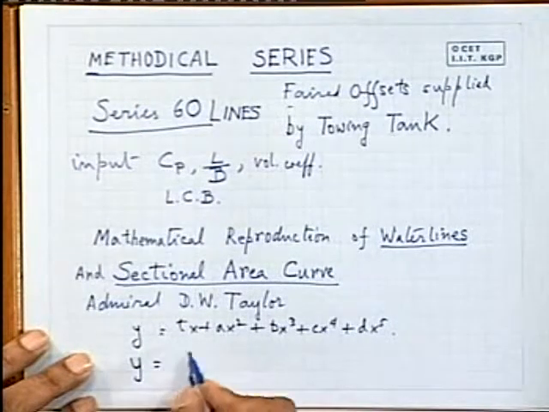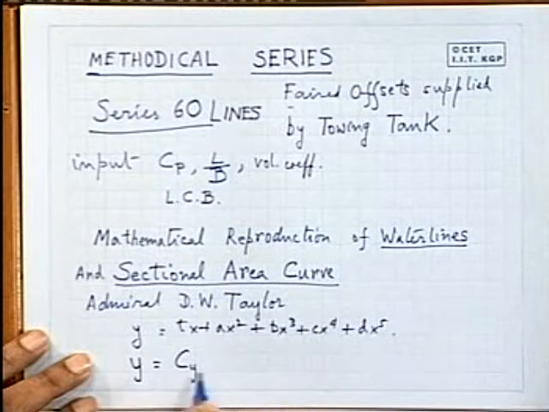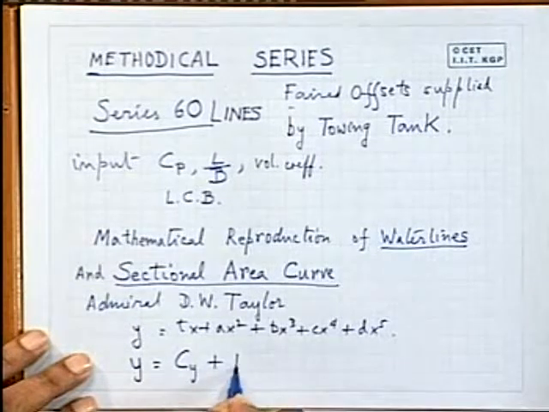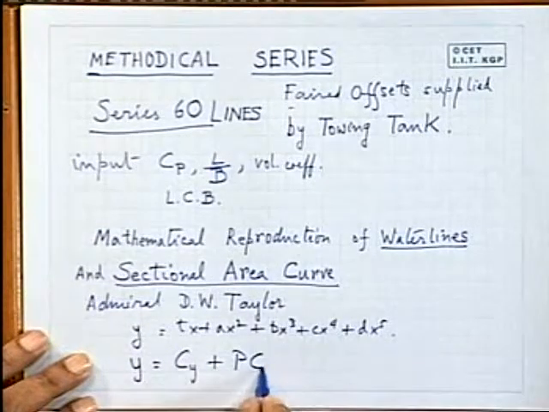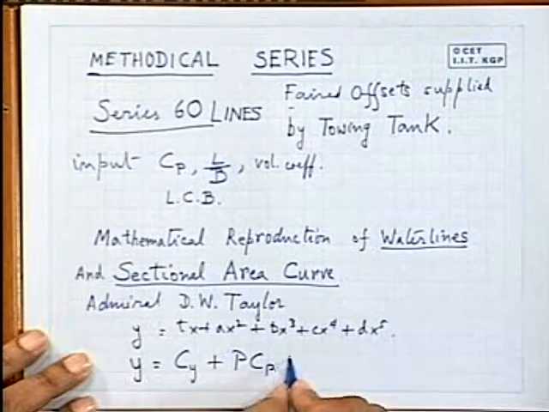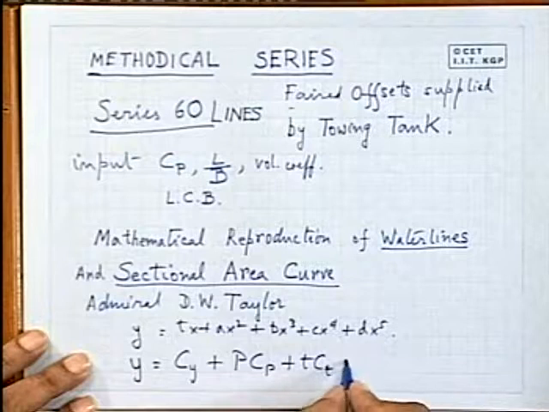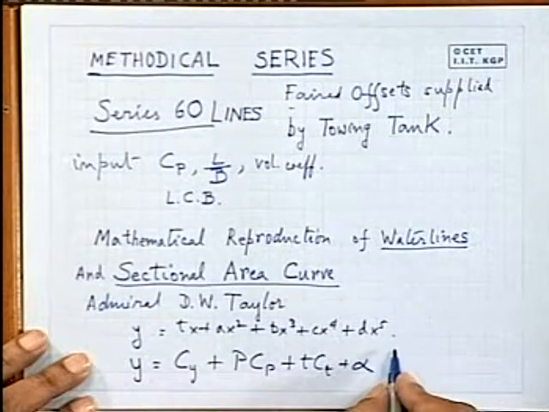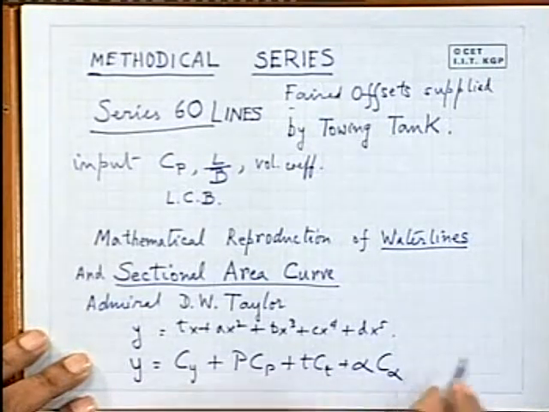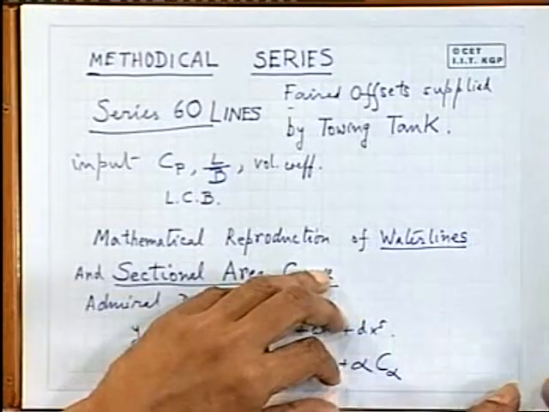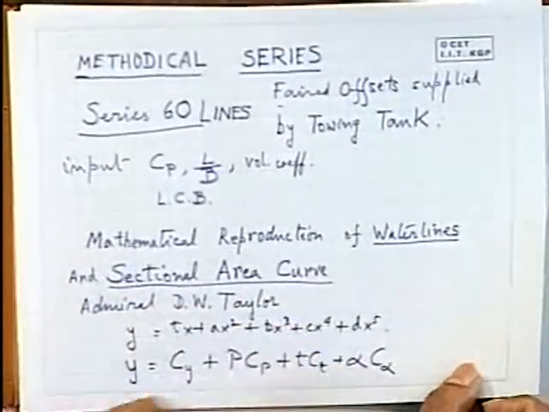Say y, you can write as a coefficient Cy plus PCP plus TCT plus alpha, like this you can write. Now see here the coefficients.